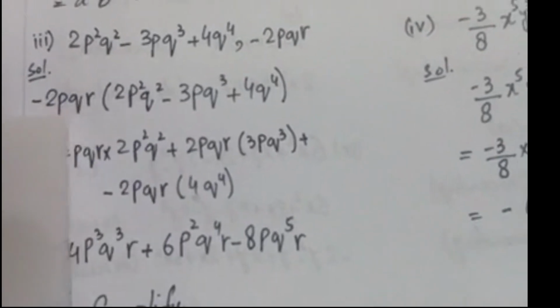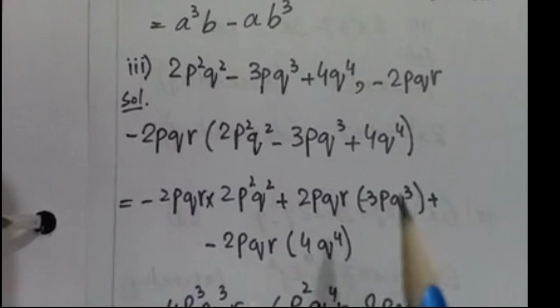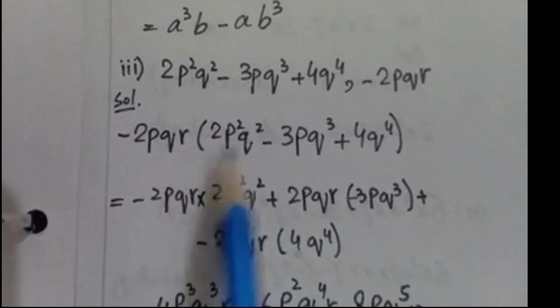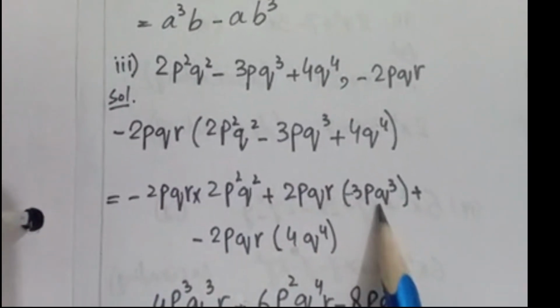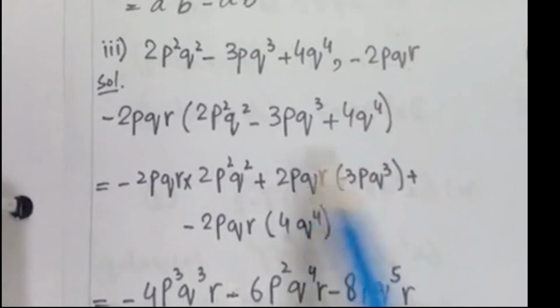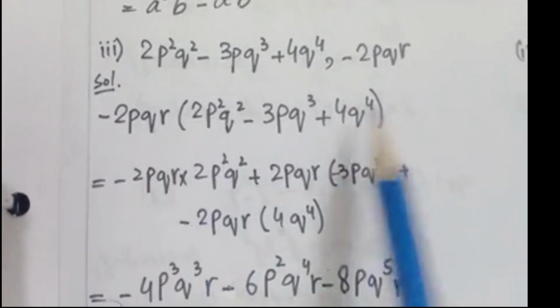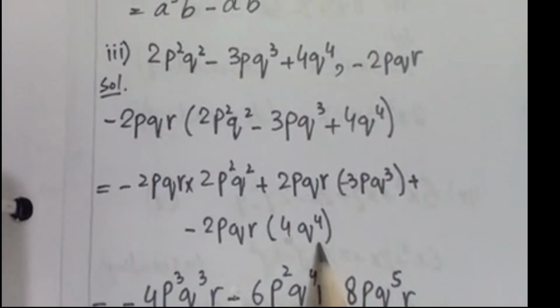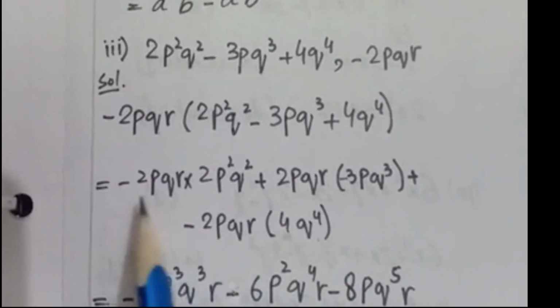Minus 2pqr will be multiplied by all the terms in this expression: firstly by 2p square q square, then by minus 3pq cube, then plus minus 2pqr multiplied by 4q raised to power 4. Now we are going to multiply all these terms.